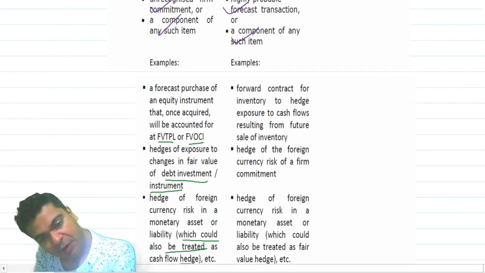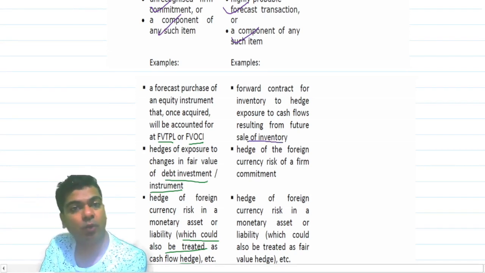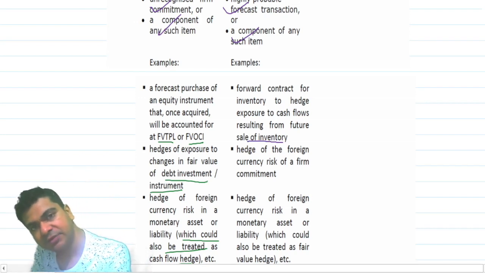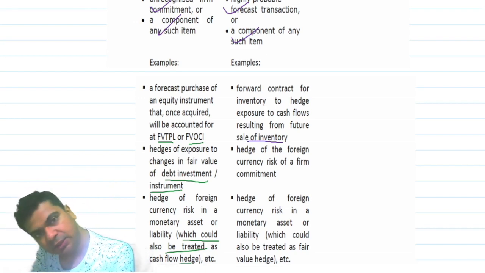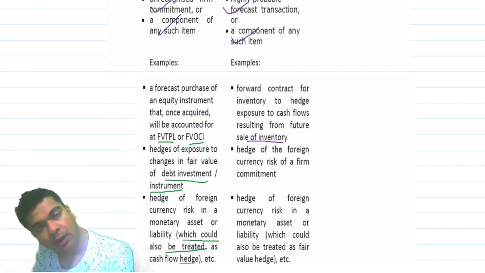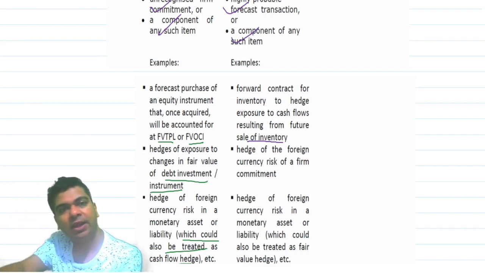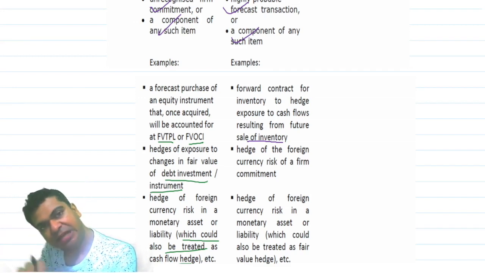See, forward contract for inventory to hedge exposure to cash flows resulting from future sale of inventory. As I said, the future sale of inventory might be priced in a foreign currency. I am a bit concerned that when I sell the inventory, what is the cash flow that will be generated? I am not very much concerned about the fair value change now. When I sell the inventory, what is the cash flow that I'll get?